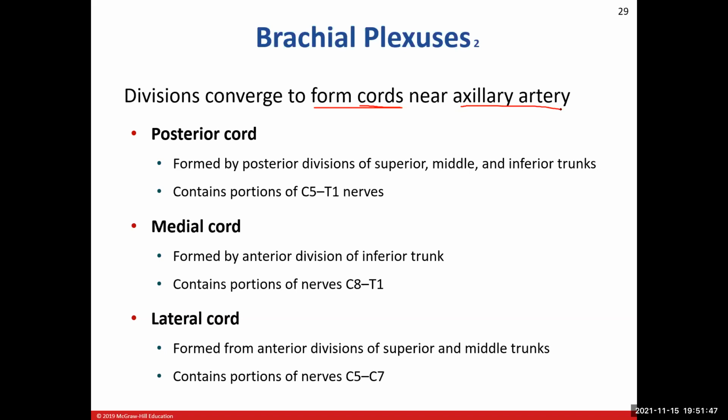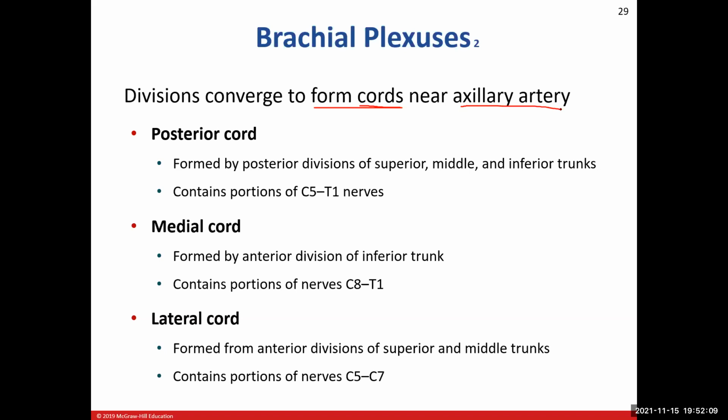It has another name when it's in close proximity to your collarbone, the clavicle: we call it the subclavian artery. So we change the name of this artery as it moves through your thoracic area, the axillary area, and then into the upper extremity.